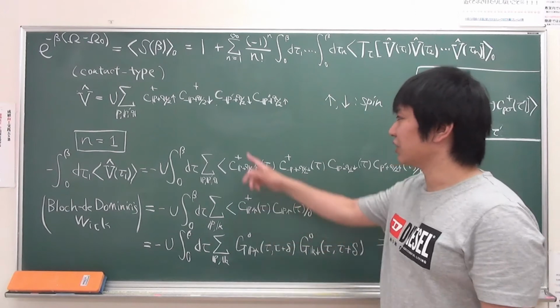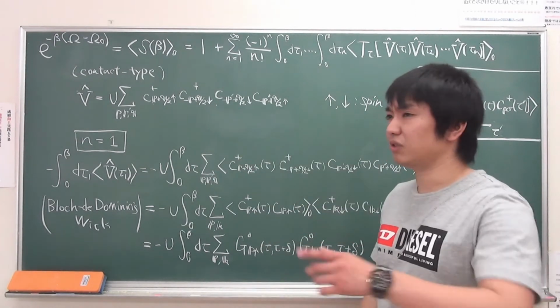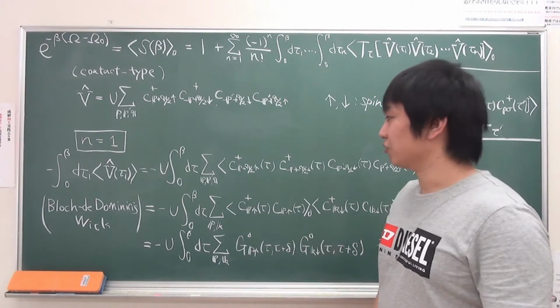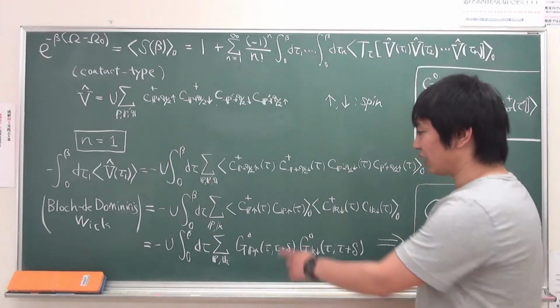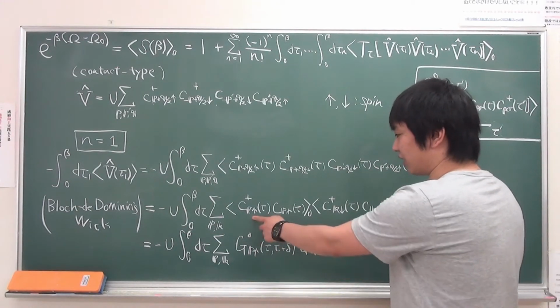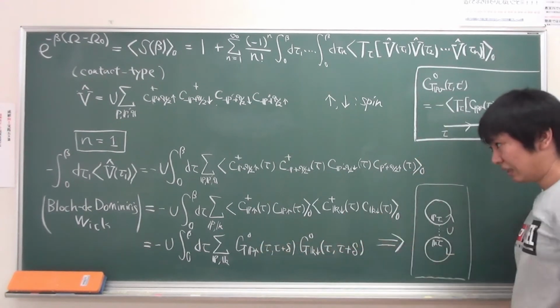Now we are considering a two-component spin system, and we do not consider spin flip in the Hamiltonian. So we just consider C dagger C with the same spin: this is up spin and this is down spin.